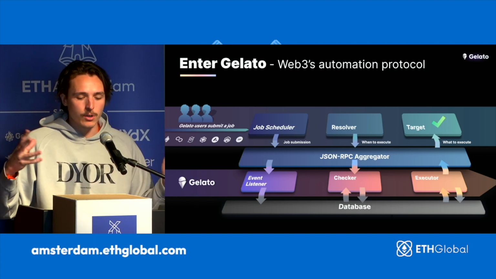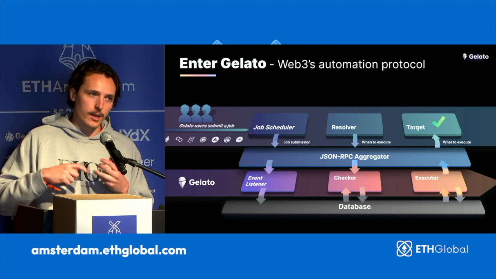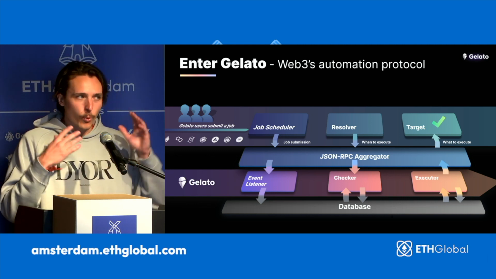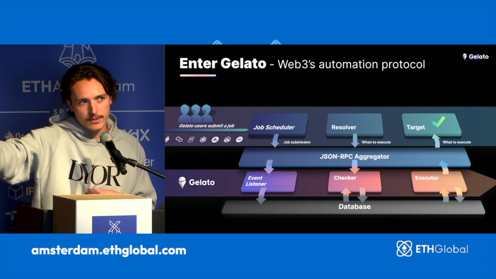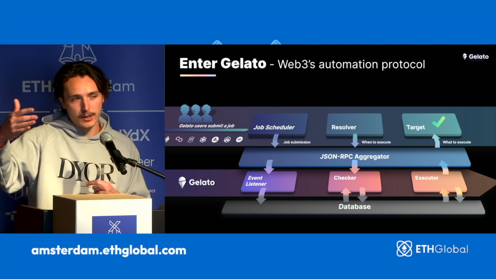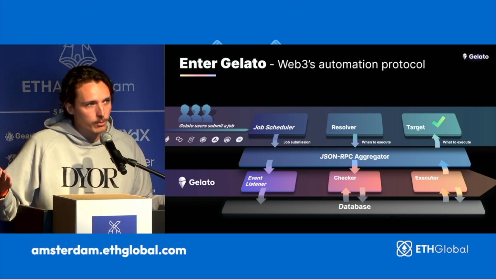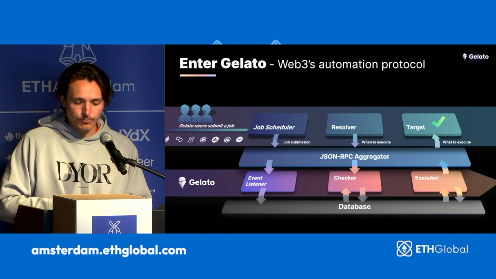Any condition you can think of, you can define into these resolvers. And then you can define a target smart contract, and this target is basically, when this condition is met, please execute the transaction on this target smart contract, and this might be swapping on Uniswap, or transferring tokens, or whatever action you would like to do.